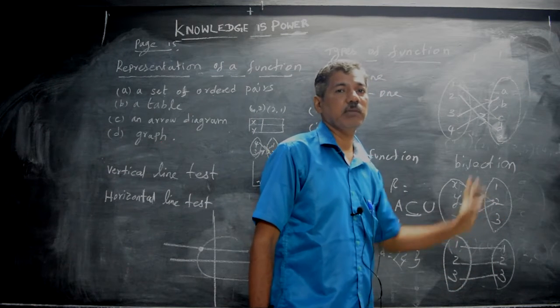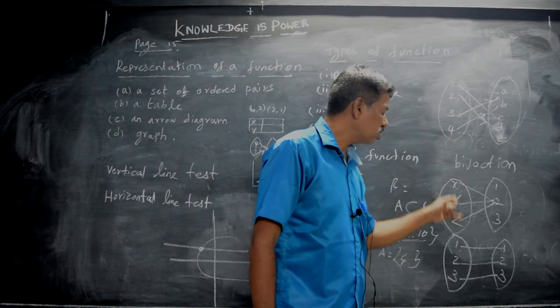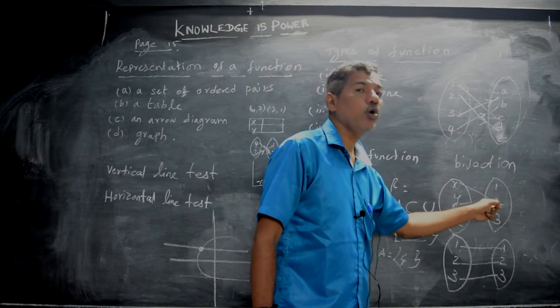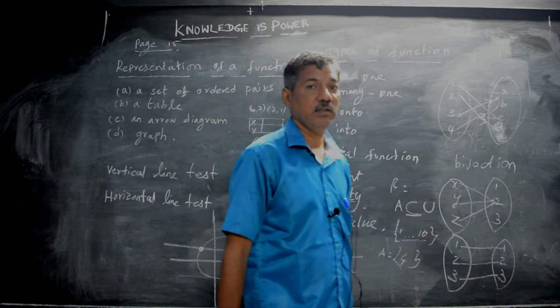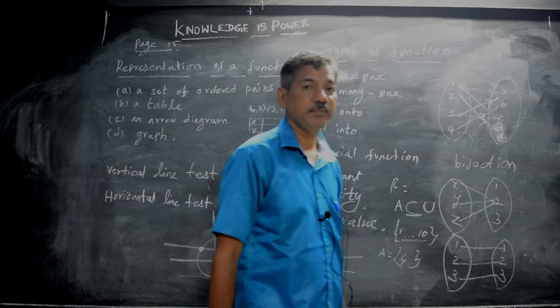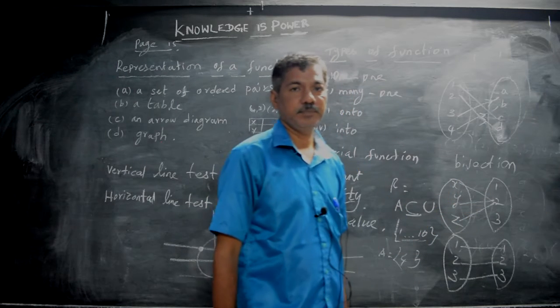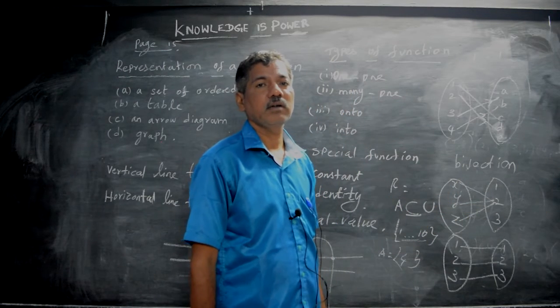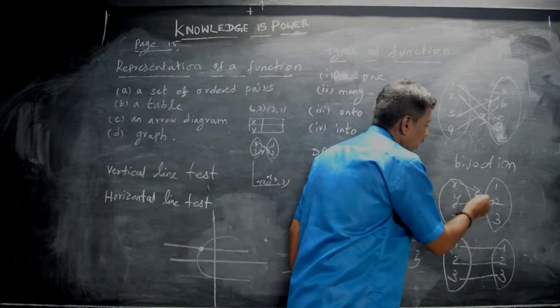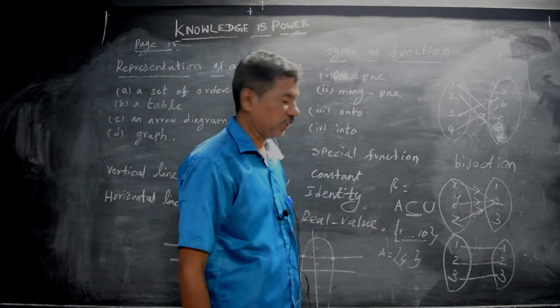Mapped means the connected pair. These 3 elements are mapped to only one number. All three are mapped to the same number, joined. So then it is called a constant function.